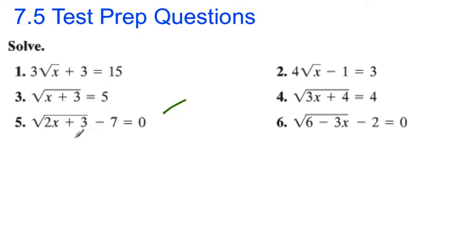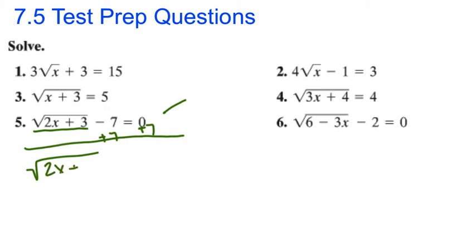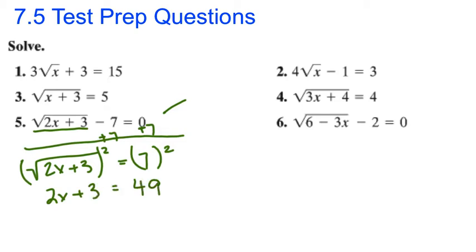One thing you want to do, remember, is to isolate this radical. So that means we need to add 7 to both sides, which gives us square root of 2x plus 3 equal to 7. Then we square both sides, and this becomes 2x plus 3 equals 49.